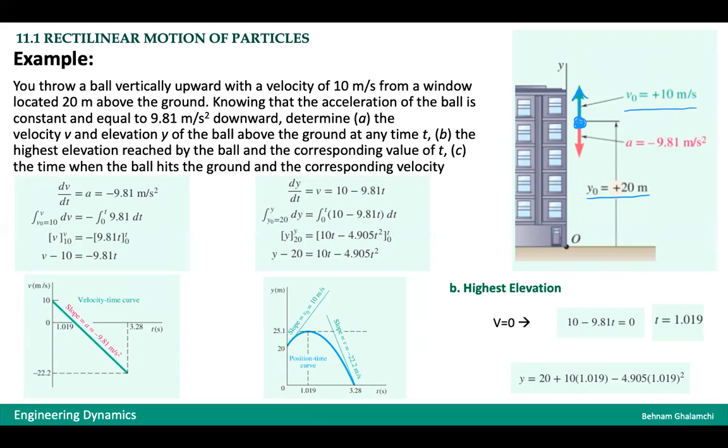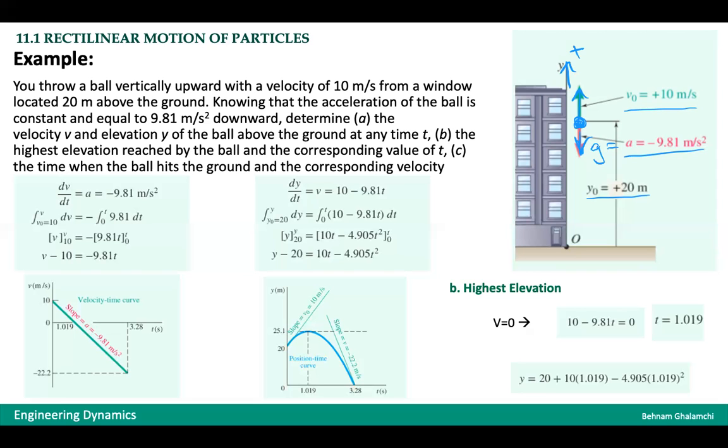We already know that after throwing the ball, the only acceleration applied to the ball will be the gravity acceleration, g, and the value is 9.8. The direction of g is to the ground. So if we assume that this is our y, this is our positive direction. Gravity is in the negative direction, so that's why the value is negative 9.8.